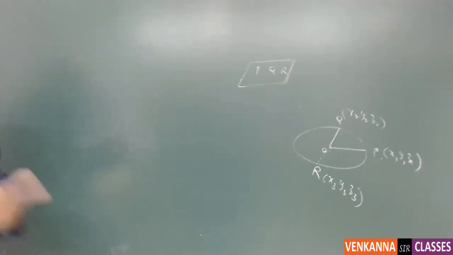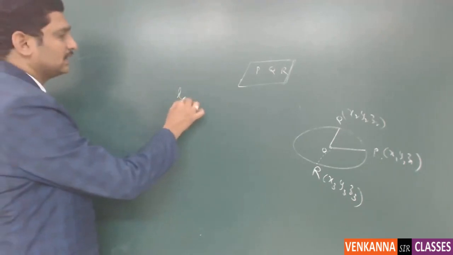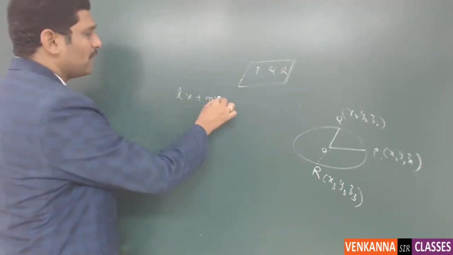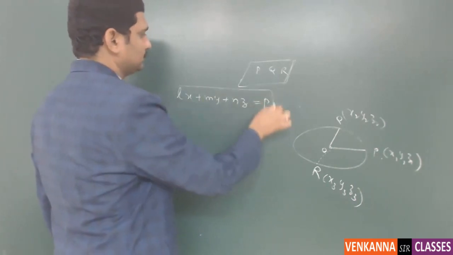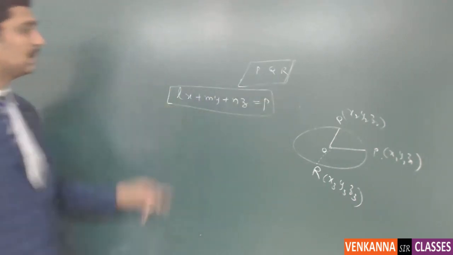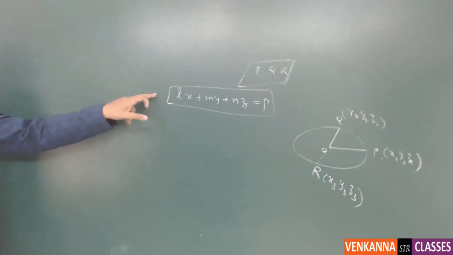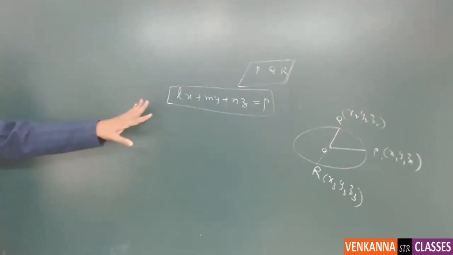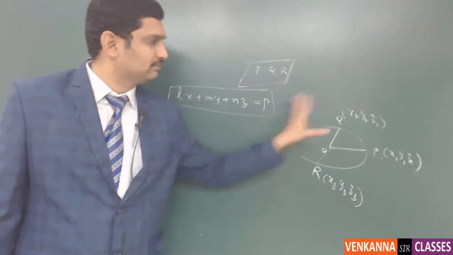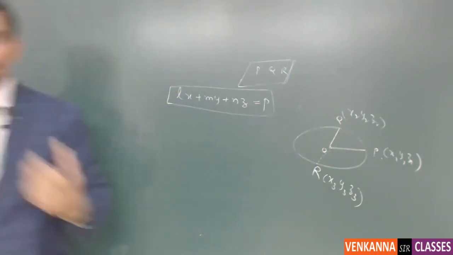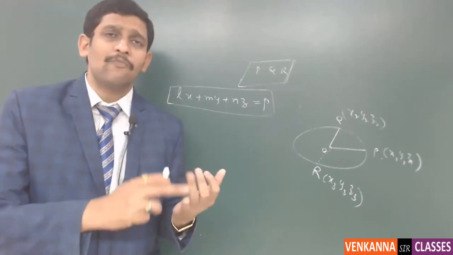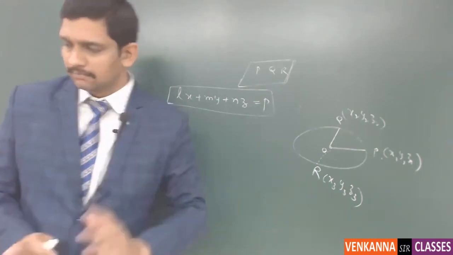First of all, let us take Lx + My + Nz = P. This is the required plane equation which contains the 3 points P, Q, R. If I know what L, M, N are, then I am done. Accepted?